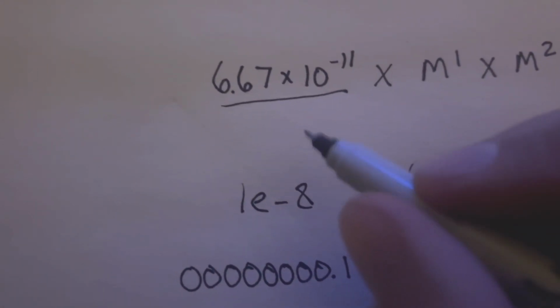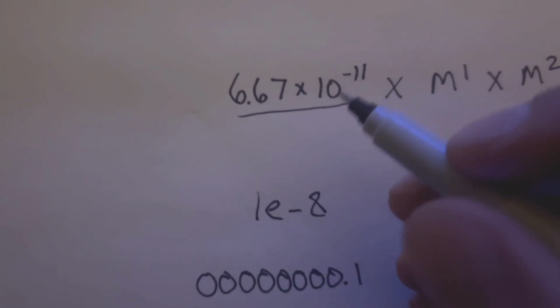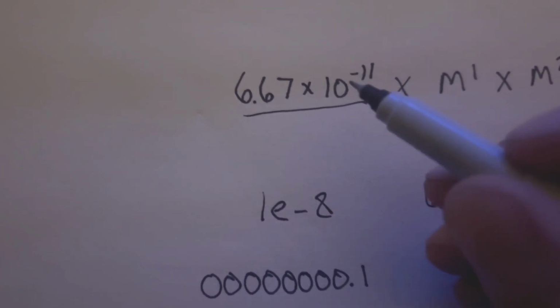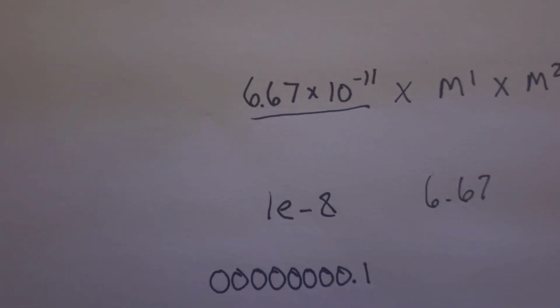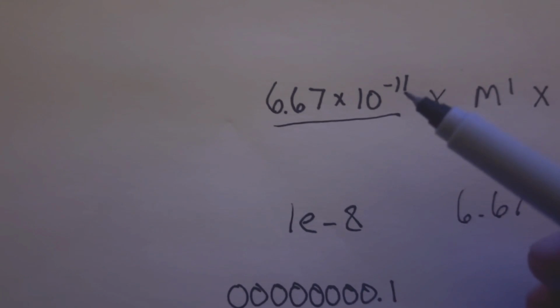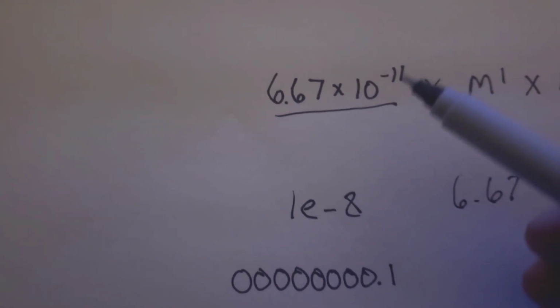Remember when it was 10 times 10 times 10, how it multiplies by itself 11 times? Well, if it's a negative, it's going backwards. It would essentially be 10 divided by 10 divided by 10 divided by 10, 11 times.